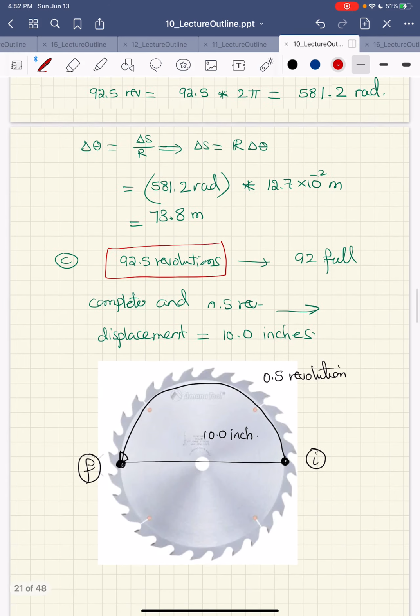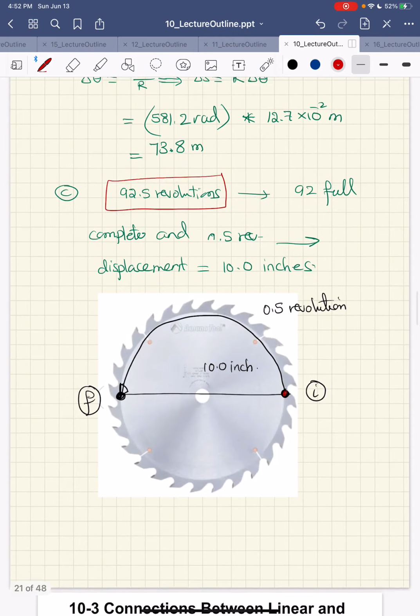Now the displacement, I will say it is going to go in cycles, like 92 of these, and then the last one will not be completed. It's going to do only half of it. Then wherever my object starts, it is going to complete half a revolution, then make that type of displacement, and it's going to be always 10 inches from the beginning because it is the diameter.